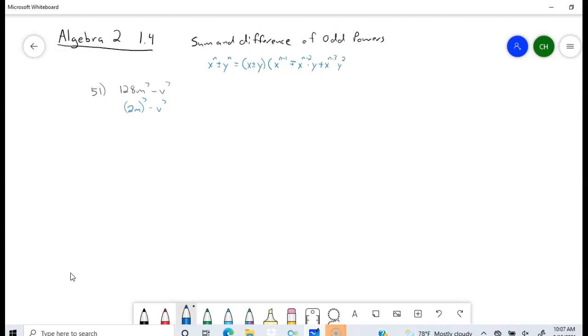So you'll notice that on x, my exponent is decreasing by 1 each time. On y, my exponent is increasing each time. And that's going to be plus or minus, and I'm going to keep that pattern going until my x gets all the way down to the first power.